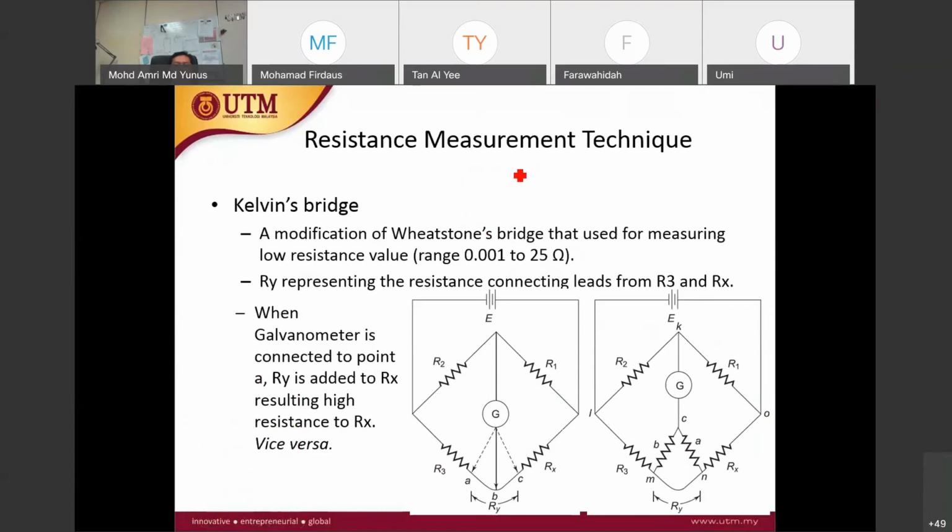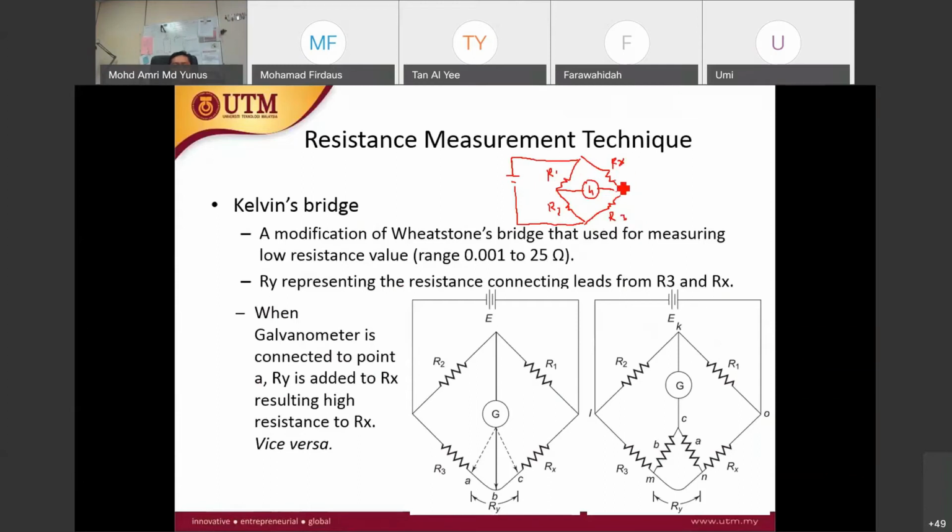So basically, it has a power supply. It has R1, R2, and galvanometer in the middle, and Rx, R3, where Rx is the unknown value.